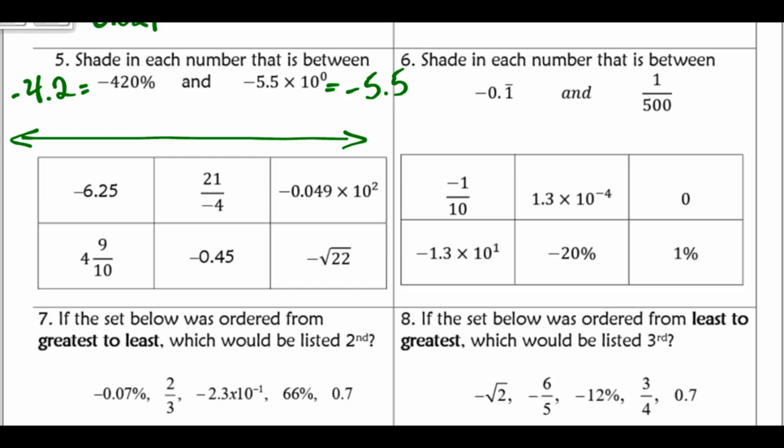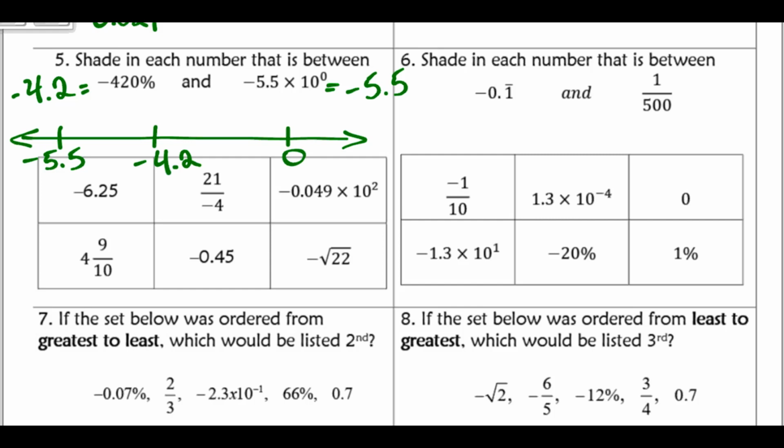Now I'm going to place those on a number line. I want to put 0 on there just so I have a point of reference. The smaller number is that negative 5.5. I'm going to put that farther to the left. And then negative 4.2 is somewhere in between these. My first decimal is negative 6.25.